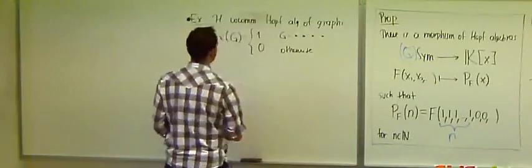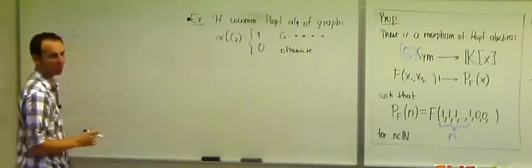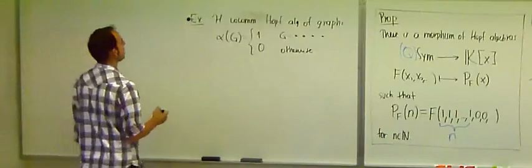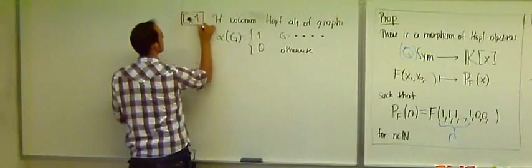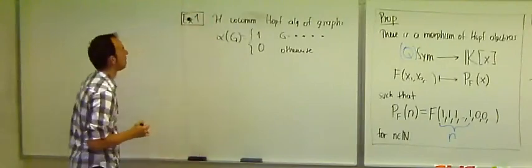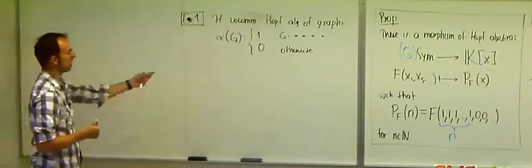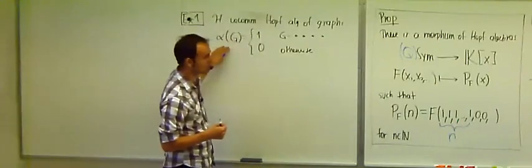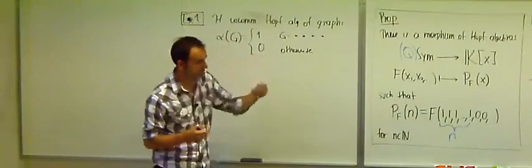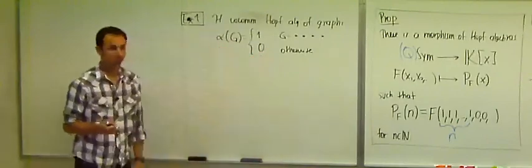Okay, so, since I have this written here, why don't we start with this one? Example 1. We have a Hopf algebra of graphs. We have our character.